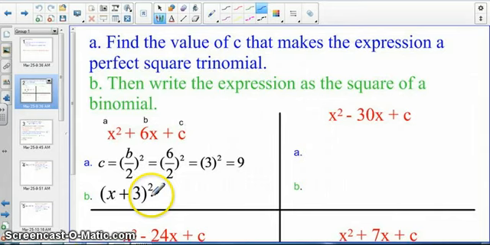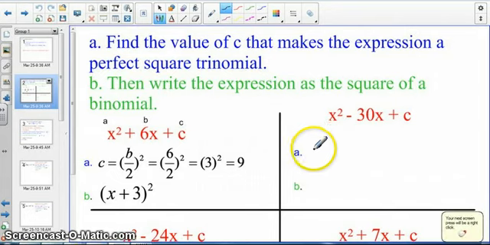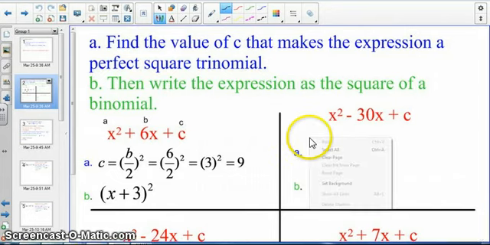So for this next one, I have x squared minus 30x plus c. So I want to find out what c will equal to make it a perfect square trinomial. So we can label that a, b, and c.